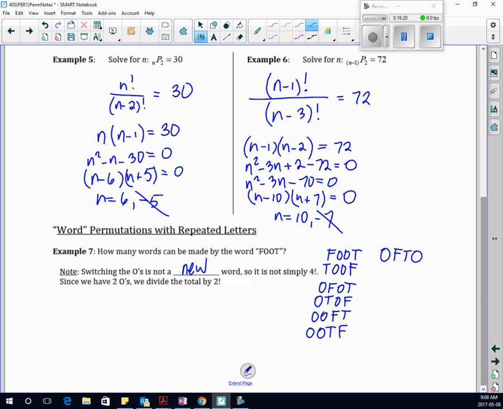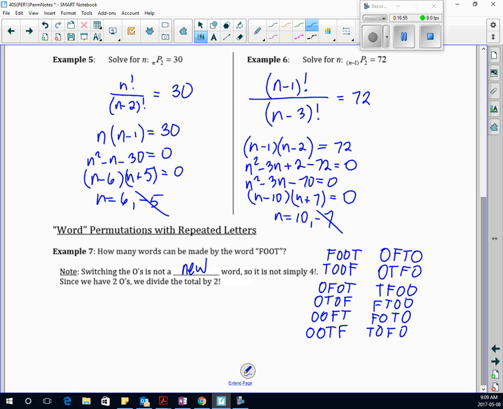O-F-T-O. O-T-F-O. It's another one. T-F-O-O. F-T-O-O. We need two more. F-O-T-O. That's right. T-O-F-O. Okay, so we found all 12.